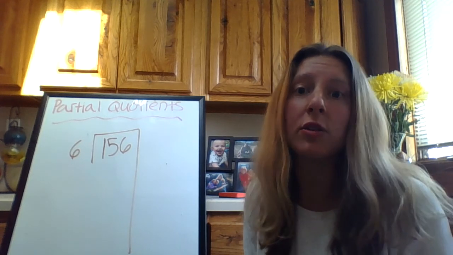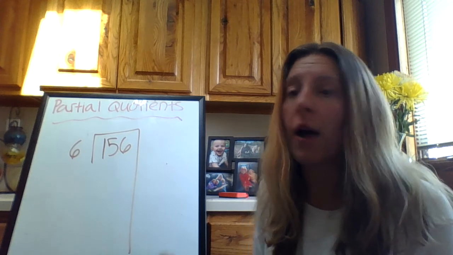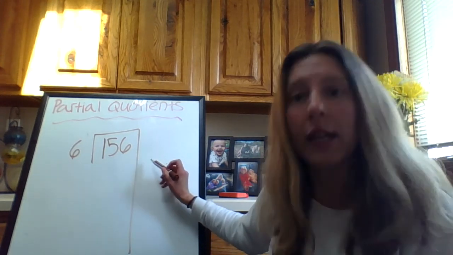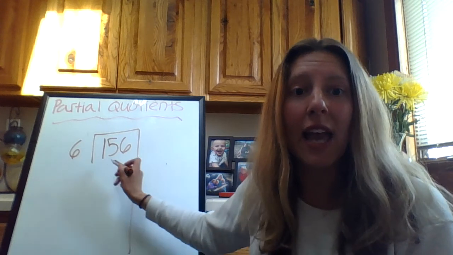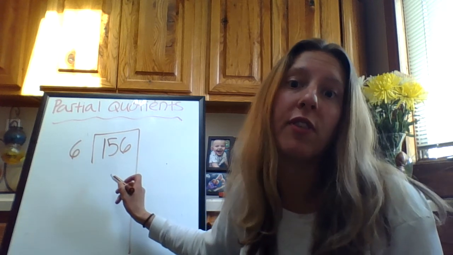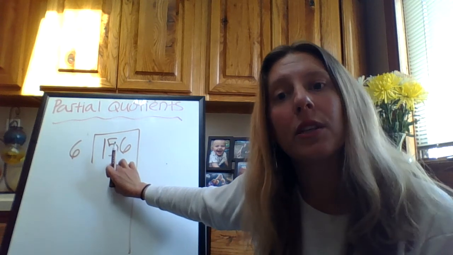So what we are doing in the first step is multiplying. We're trying to figure out what can we write here on the side that we can multiply by 6 and get really close to 156. So when this number is smaller, starting with 2 is a good idea.